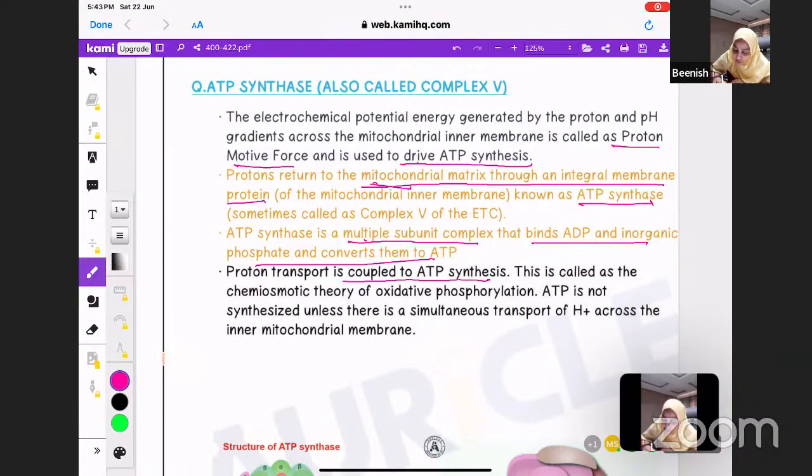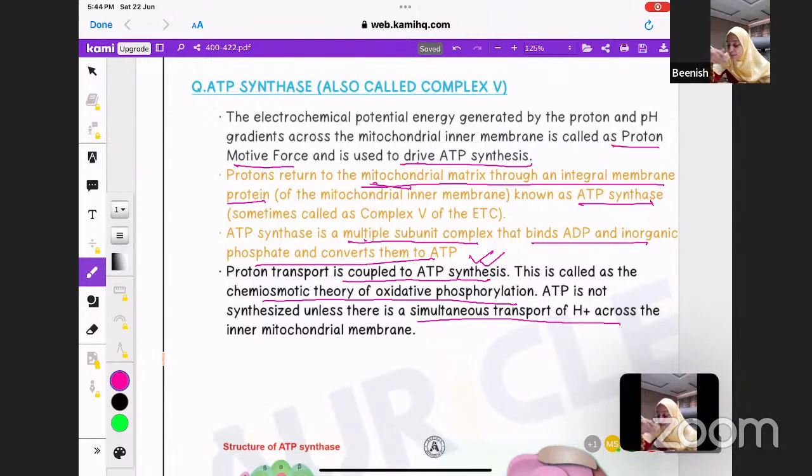So proton transfer is coupled with ATP synthesis: the protons being transferred back into the matrix is coupled with ATP synthesis. This is called the chemiosmotic theory of oxidative phosphorylation. ATP is not synthesized unless there is simultaneous transport of protons across the inner mitochondrial membrane.